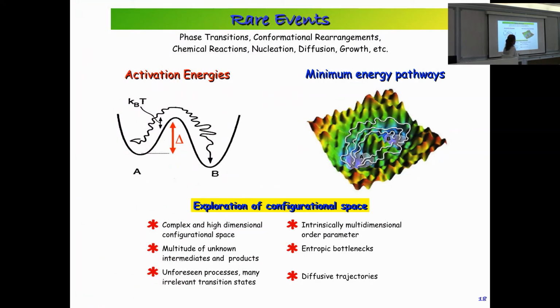Then, the event itself is often not that common, because the barriers you have to cross are in general larger than a few kT, so the probability to cross such a barrier decreases exponentially with the height of the barrier, and that becomes a really improbable situation.